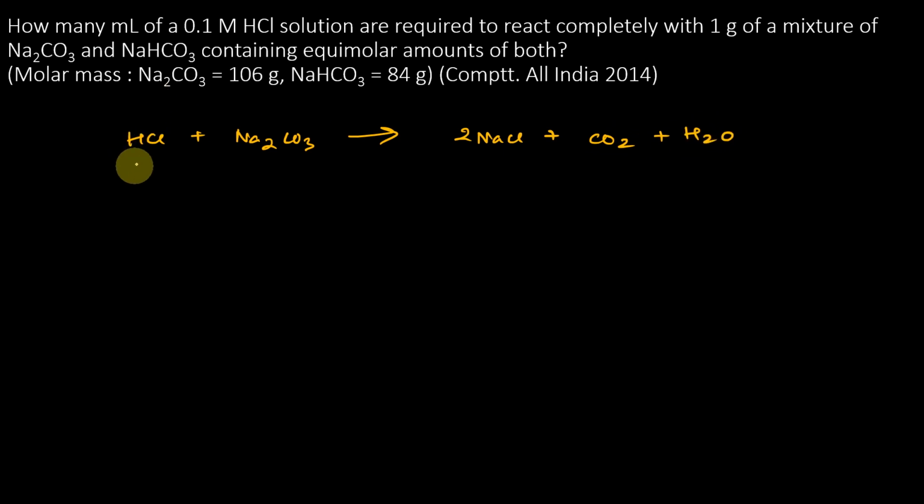So it is Na2CO3, 2HCl, it will be 2NaCl, carbon dioxide and H2O. Alright. Okay. So again, there is another reaction, HCl plus sodium bicarbonate gives you NaCl plus carbon dioxide plus H2O.